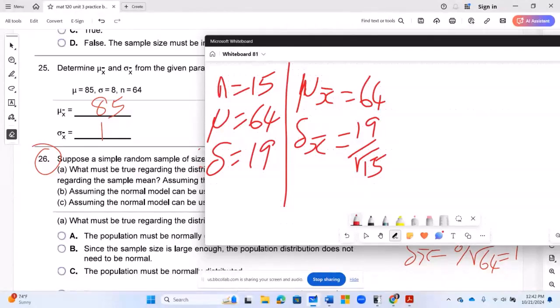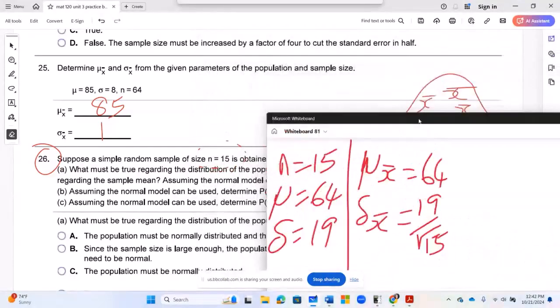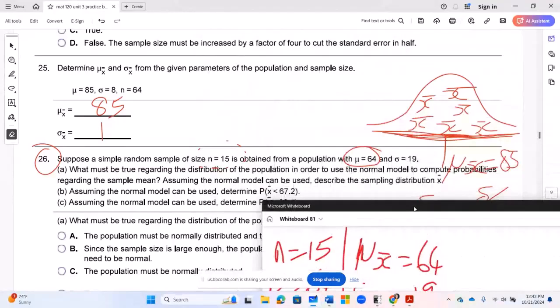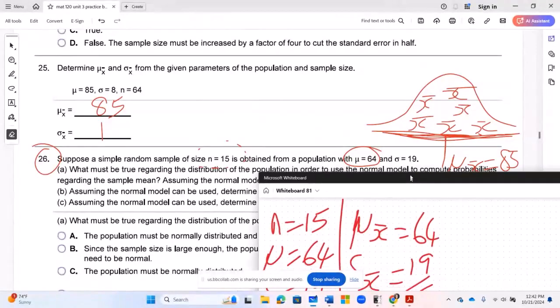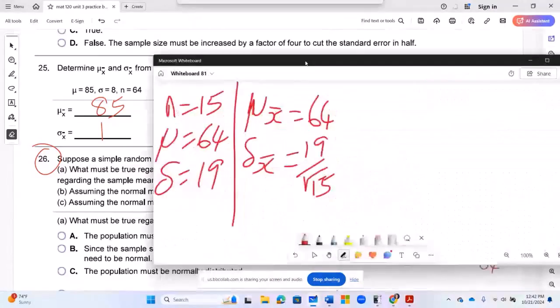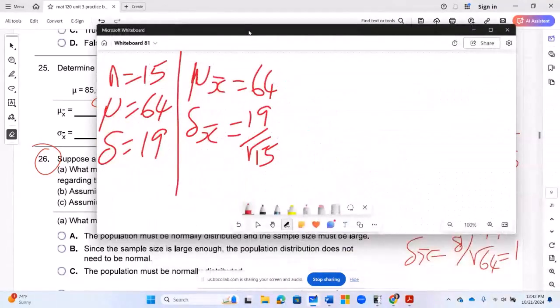B, so let's go to question B. Assuming the normal model can be used, determine the probability that the random variable x bar is less than 67.2. So I'm going to draw a normal curve. The mean of this data, mu x bar, is 64.